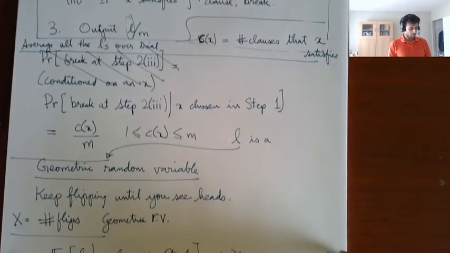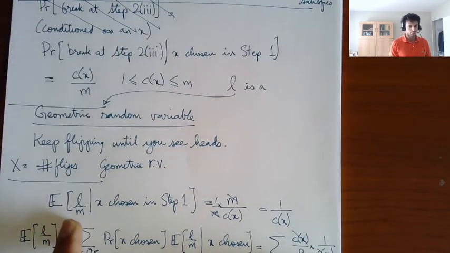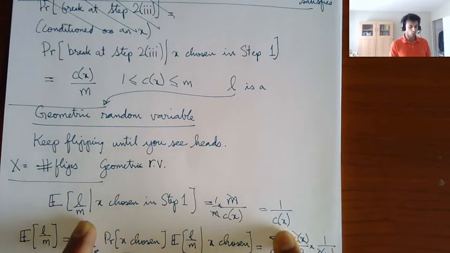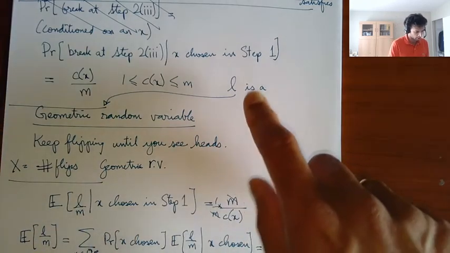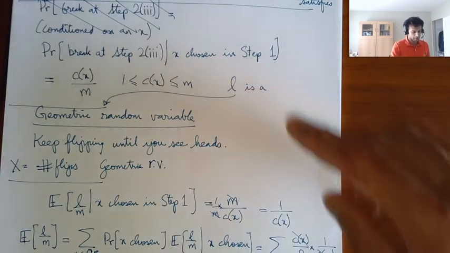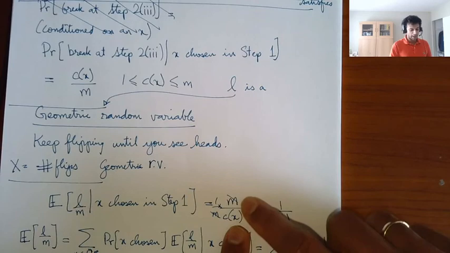Because we argued that the expected length, which is the runtime, is... I'm sorry, my apology. The expected length is essentially m divided by c of x.